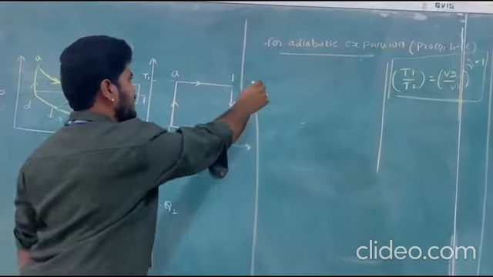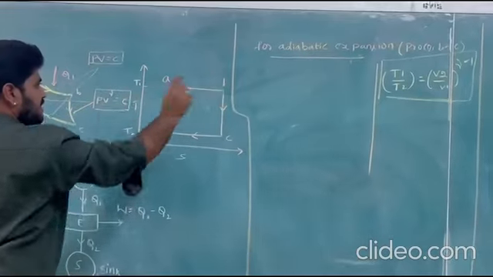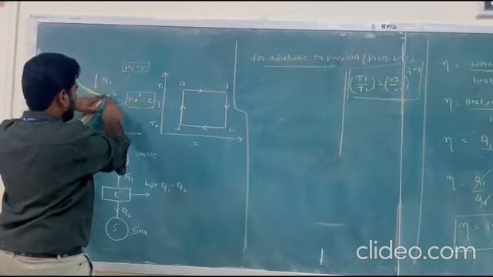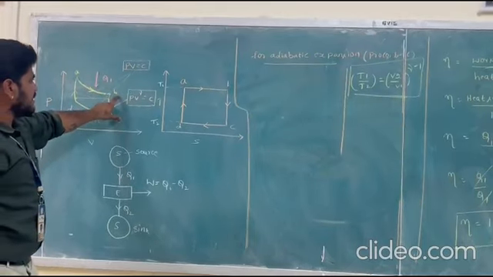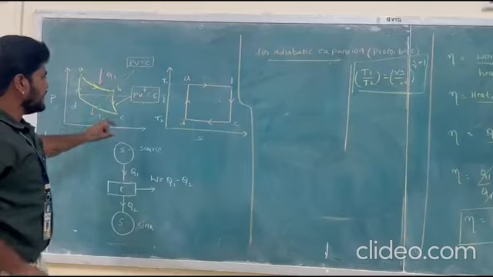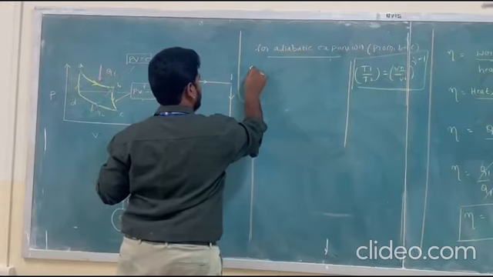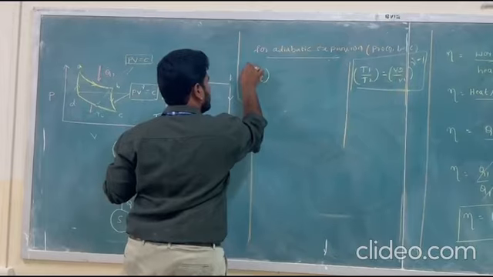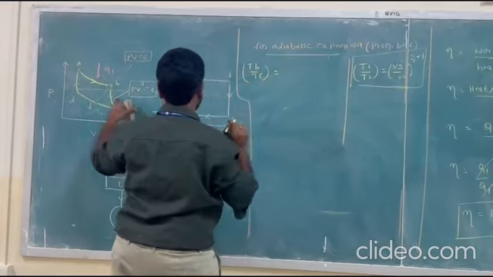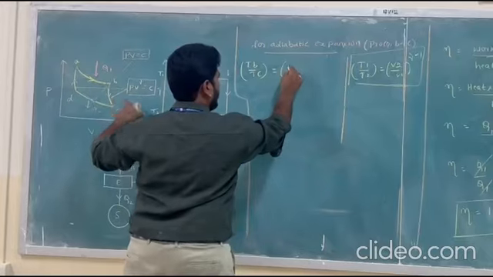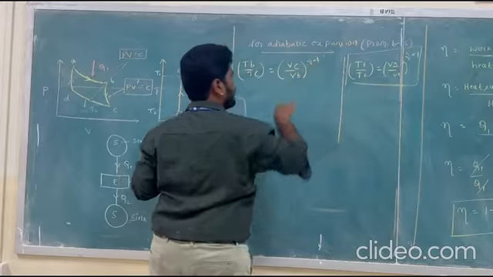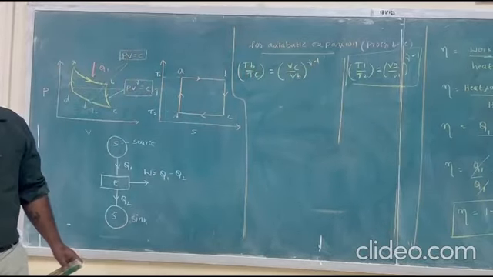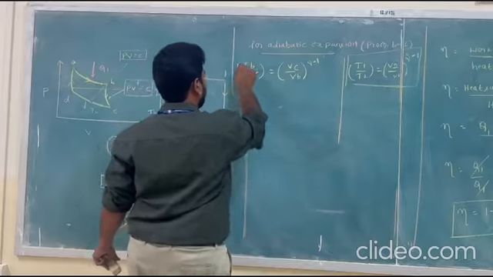Now what I write for the adiabatic expansion process, same formula, right? You can see that from B to C, I take the highest temperature first, TB by TC is equal to VC by VB to the power of gamma minus 1.